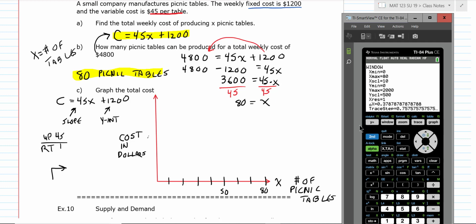But the y-axis has got to at least go up to 1200. And when x was 80, we had 4,800. So it would be wise to go up to 5,000 would be my guess. So I'm just going to go 1,000, 2,000, and so forth. 3,000, 4,000 and then 5,000. So this is in dollars like that.